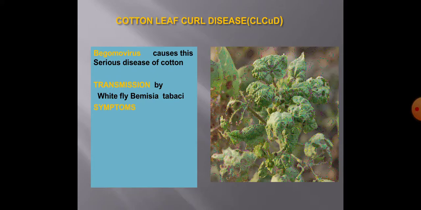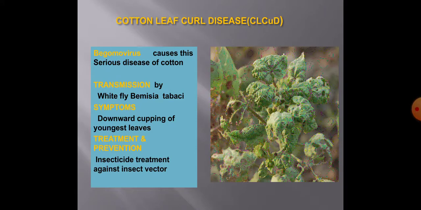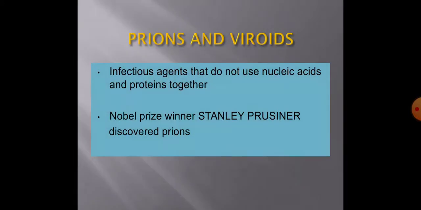Symptoms include deep downward cupping of the youngest leaves of the cotton plant. Treatment and prevention is done through insecticide spray against the insect vector.